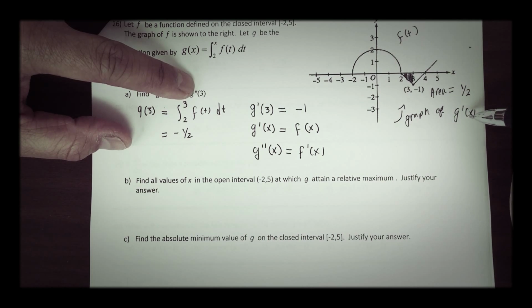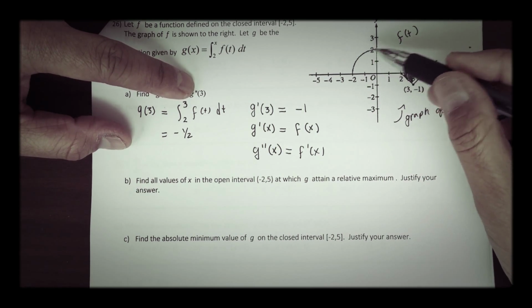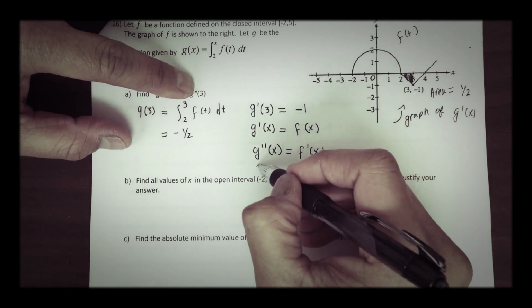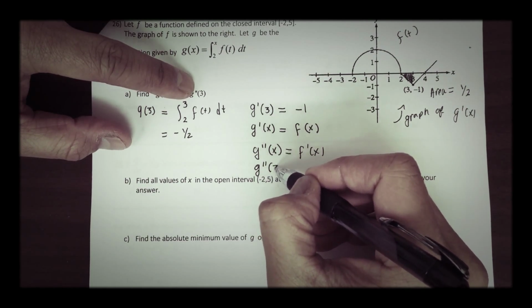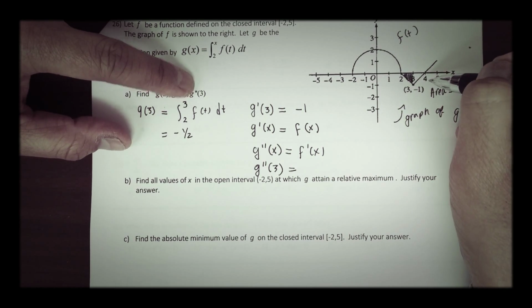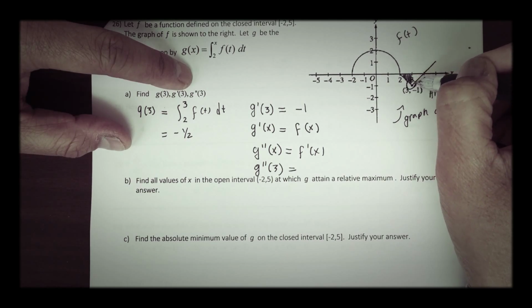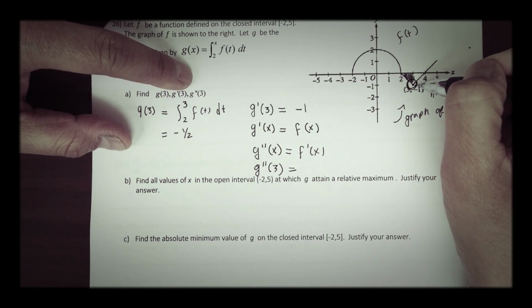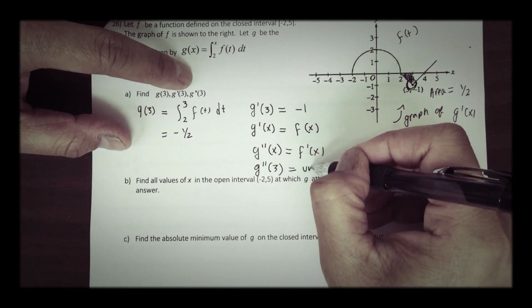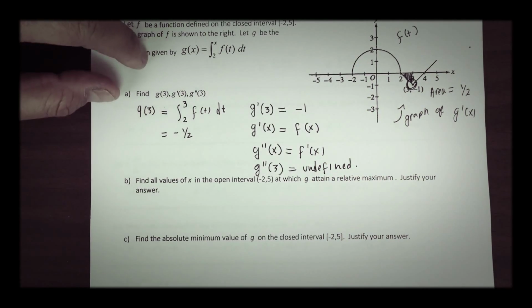Relating the graph of g prime to g double prime, the slope of this graph is g double prime. So we want to know what is g double prime at 3, which means that we want to go to 3, and we want to know what is the slope at 3. And the slope at 3 is undefined. Okay, undefined. There you go.